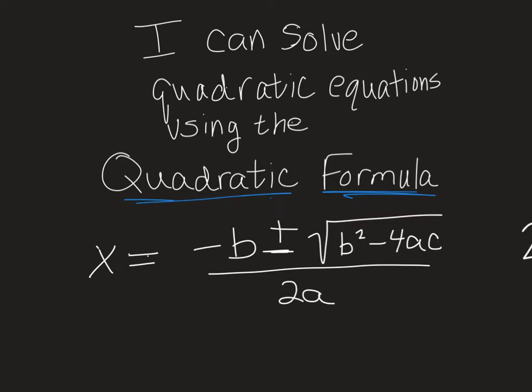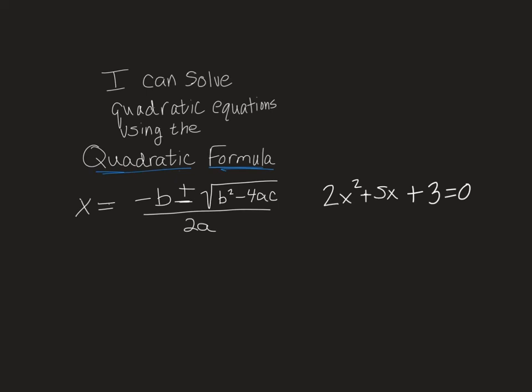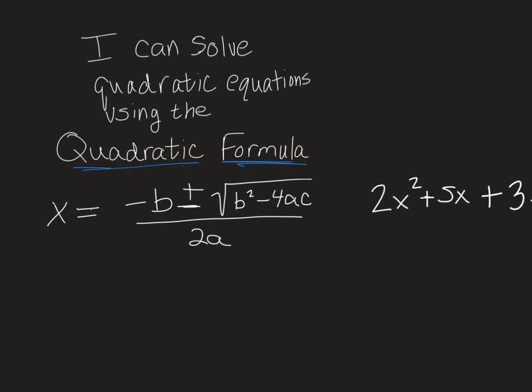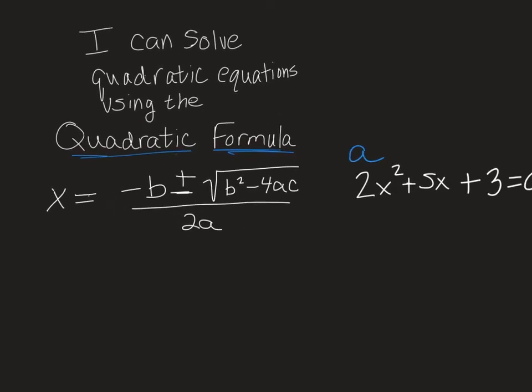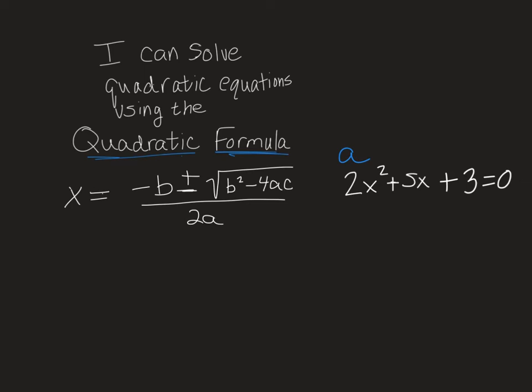So how exactly would the quadratic formula work with the problem that we just did by factoring? So I'm going to just kind of leave this x equals, I'm going to ignore it for a second, and I'm just going to work on substituting the variables into this part of the formula. So you guys all know, because we've been doing this for a hot minute, that the coefficient in front of the x squared is the a, the coefficient in front of the x is the b, and that constant that is by itself is the c.